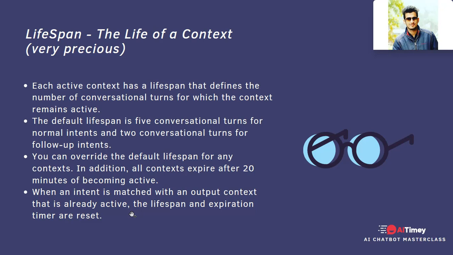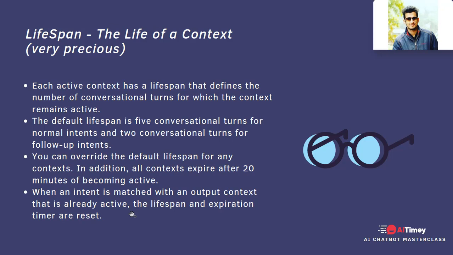Now each active context has a lifespan that defines the number of conversational turns for which the context remains active. So we understand what a conversational turn is. One conversational turn means one response from Dialogflow and one question from the user. This complete set of 2 messages is one conversational turn.